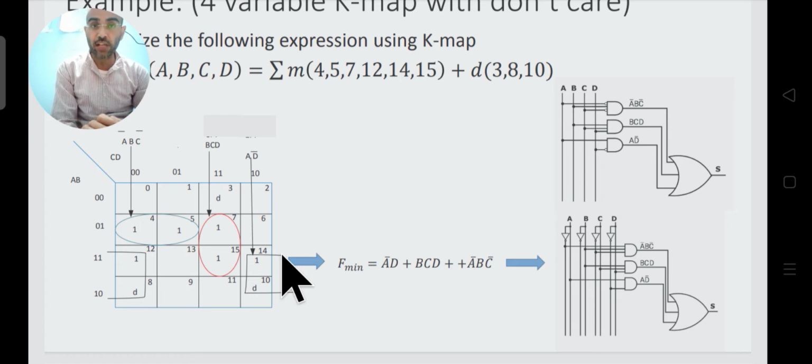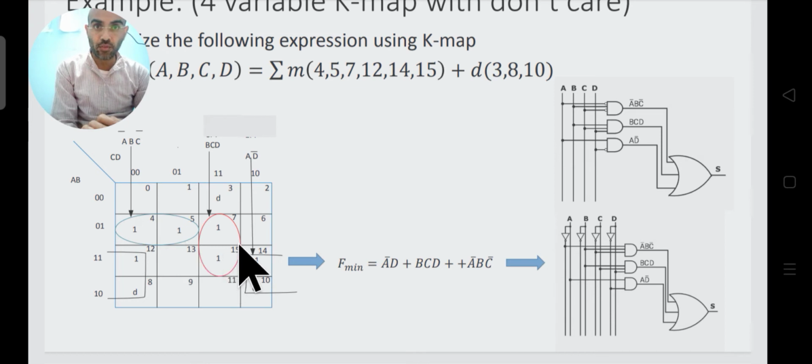We have already checked for octets, and we have already checked for the whole group of all 16 terms, 16 cells. So this octet is also not possible, and the 16 cell group is also not possible. So we ignore that. Now let's see, the pairs are also possible, but we cannot form any other quad.